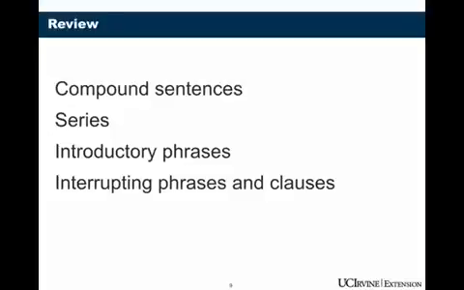We also saw that you use commas after an introductory phrase. Introductory phrases start your sentence, and they come before the subject of the sentence. Put a comma after these phrases. We also put commas around any interrupting phrases and clauses. When a phrase interrupts the rest of your sentence, you separate it by commas.